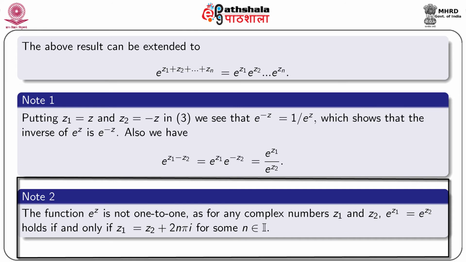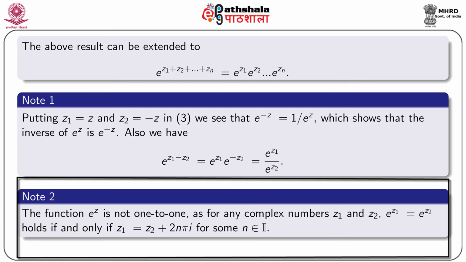The function e to the power z is not 1-1, because for any complex numbers z1 and z2, e to the power z1 equal to e to the power z2 holds if and only if z1 equal to z2 plus 2n pi i for some n belonging to the set of all integers.